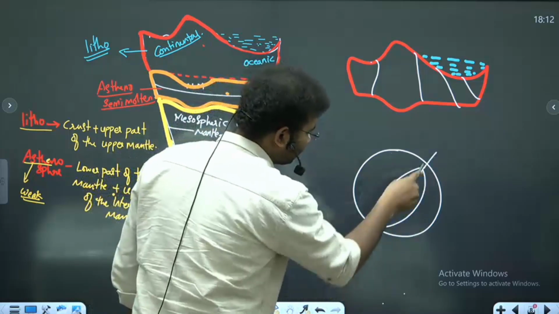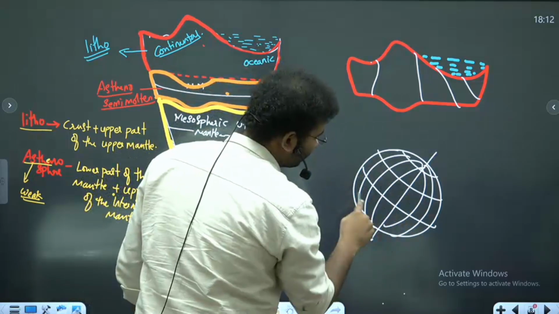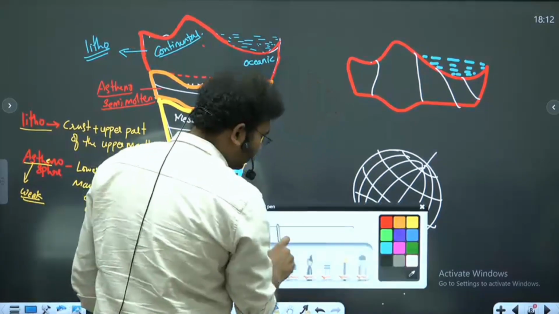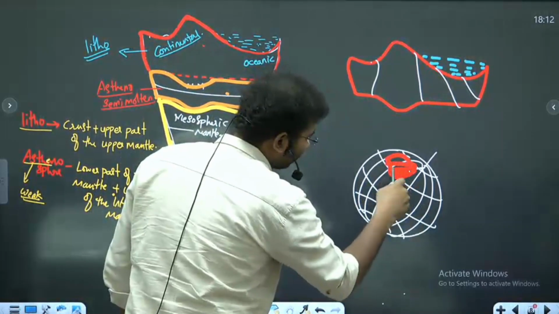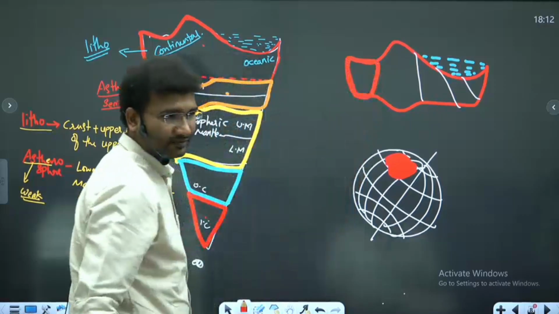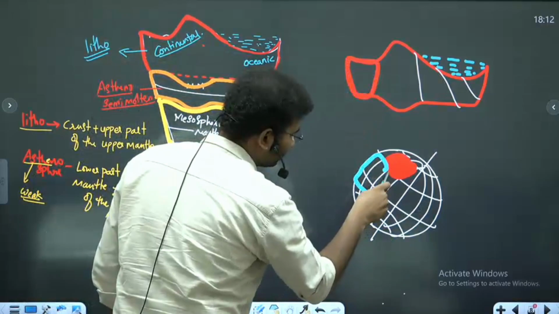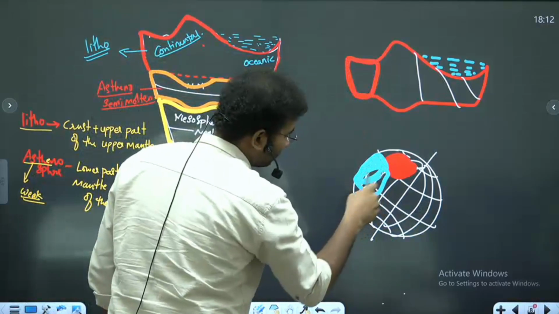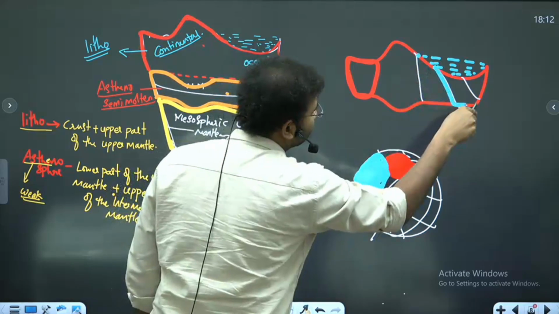Imagine this is your earth. On the earth there can be oceans, there can be land. That means this part of the region can be this piece, and this part of the region can be an ocean, and it can be this piece.